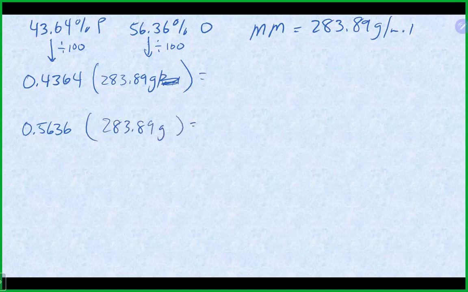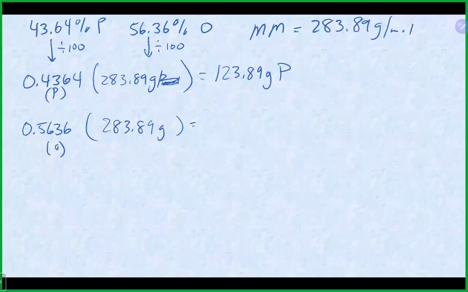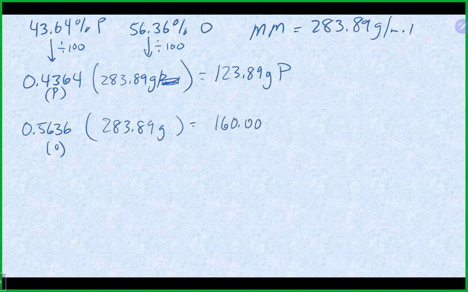If I do 0.4364 times 283.89, that would tell me out of that 283 or so grams, about 123.89 grams of it is phosphorus. And obviously that's the percentage of phosphorus, right? And that's oxygen. If I do that, basically 56% or so is made up of oxygen. And out of that total 283 grams, that means there's 160 grams of oxygen in this case.